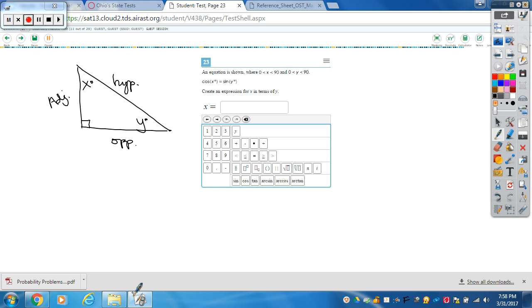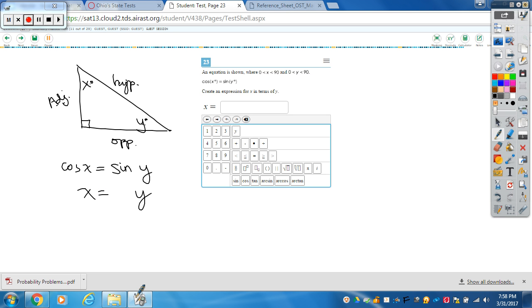And so if I want to take the cosine of x, that ratio has to equal the sine of y. The only time those ratios are going to be equal, the adjacent over hypotenuse, is when the angles are the opposite of each other. Within the right triangle, they have to be the opposite in order for those to be equal. And so what is the relationship with x and y?